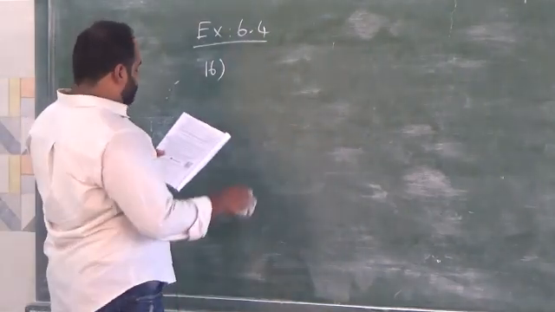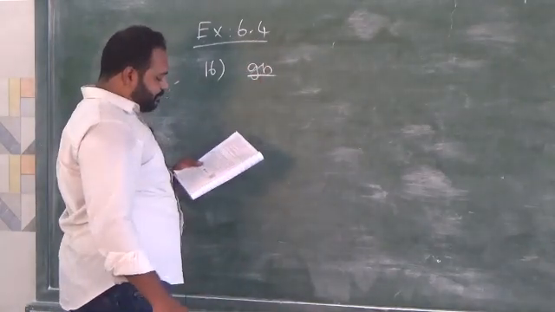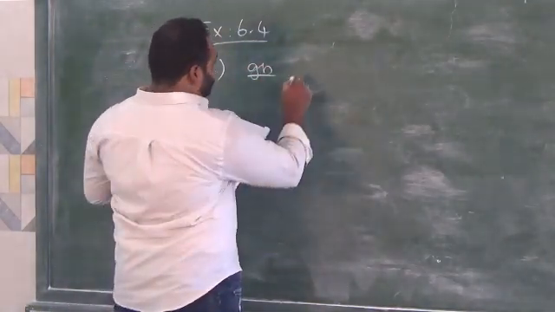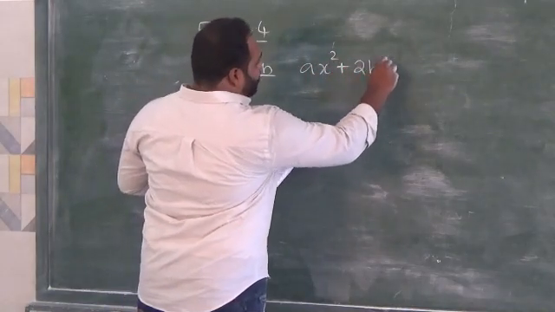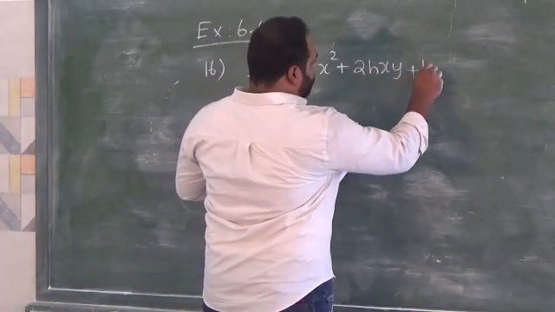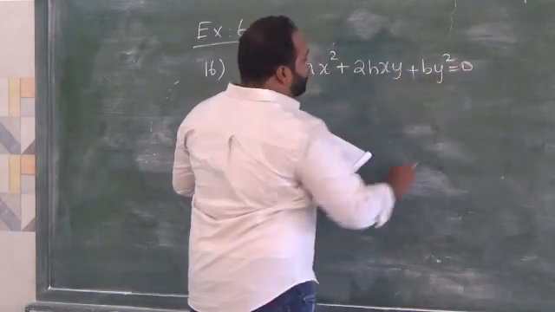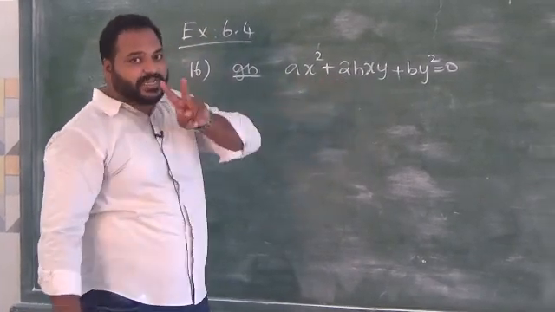So, here given, the pair of straight lines given by ax square plus 2hxy plus by square. In this we know already this is the combined equation of two straight lines.